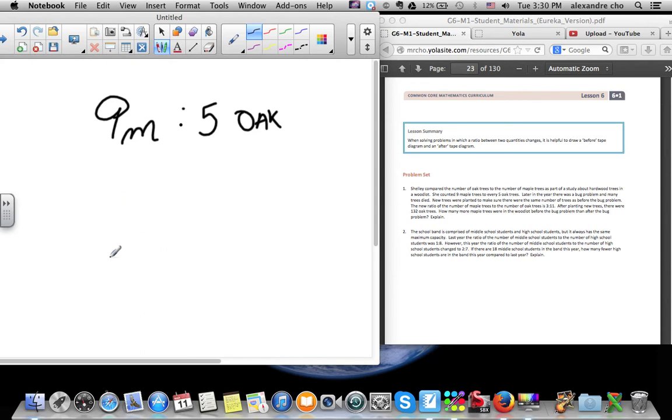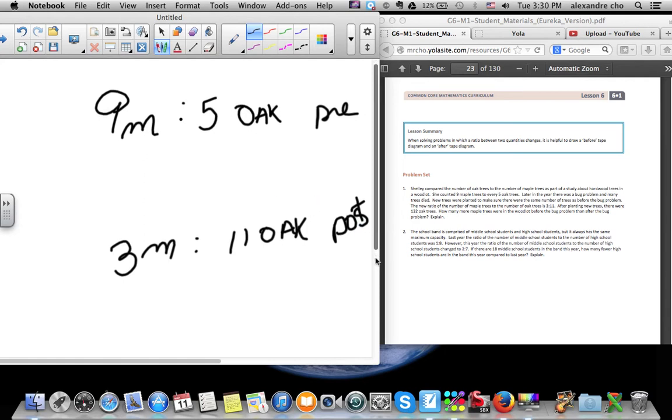So, I'm going to write it a little bit lower: 3 maple trees to every 11 oak trees. That's after the bug problem. So this is pre and this is post. The other piece of information that we have is that there are 132 trees now.